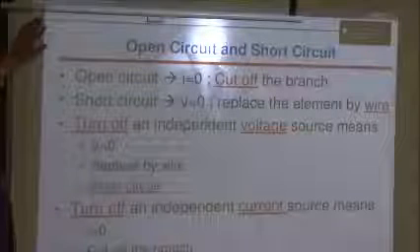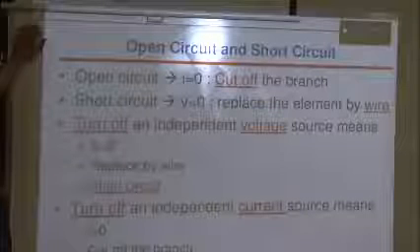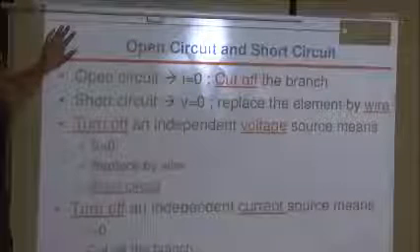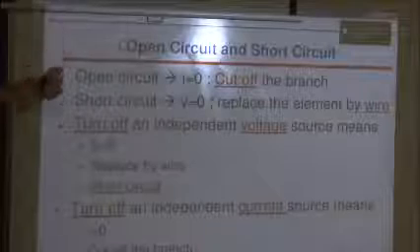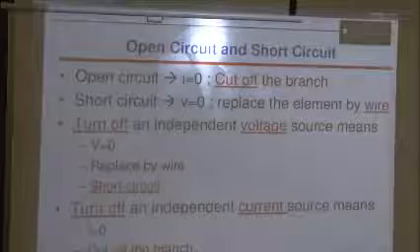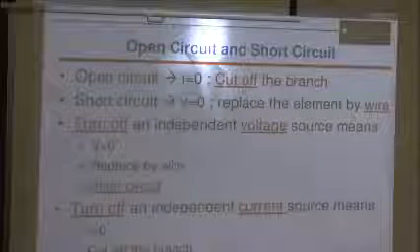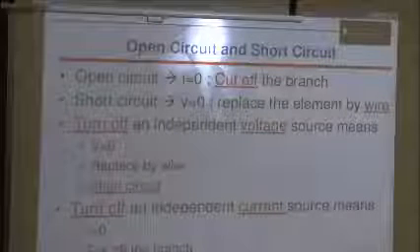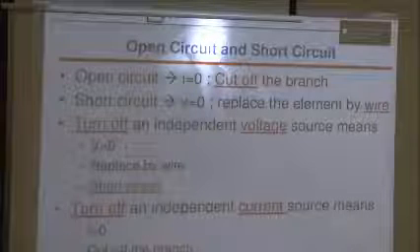If you want to turn off an independent voltage source, you short that voltage source by wire, so the voltage is 0 now. If it's an ideal current source, you make it open, because an open circuit doesn't contribute current. Same as a voltage source: if it's a short wire, then it doesn't contribute any voltage drop.